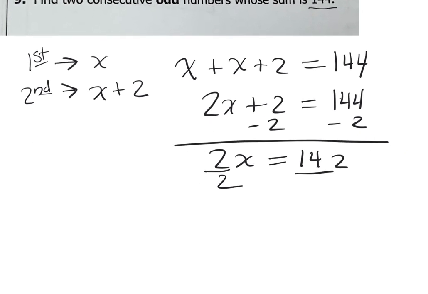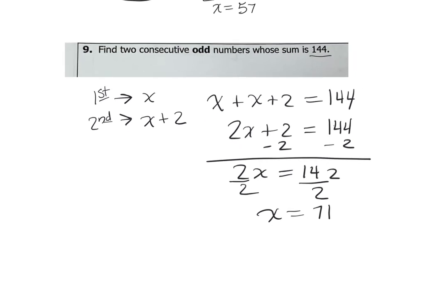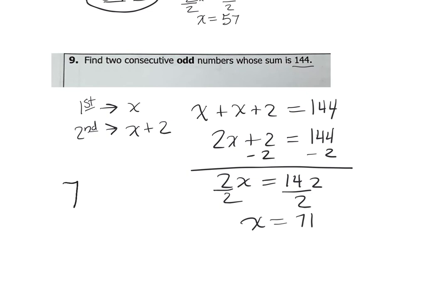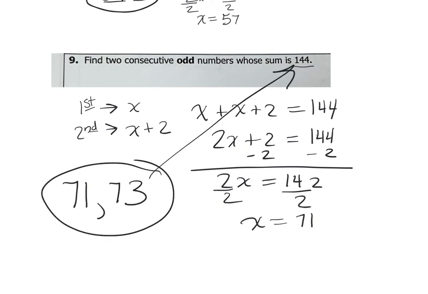Divide by 2. X equals 71. Is 71 an odd number? So 71 is the first one. What is your next number? 73. If I add those together, do I get 144? Yes. So that's your solution.